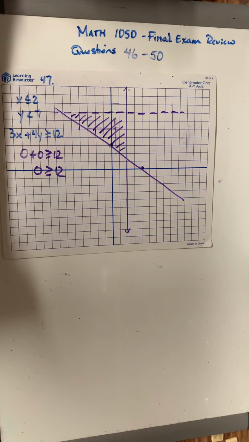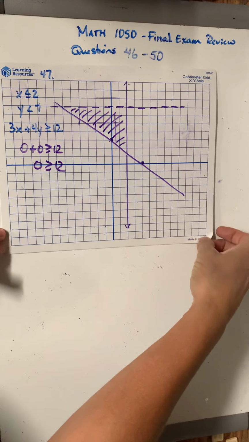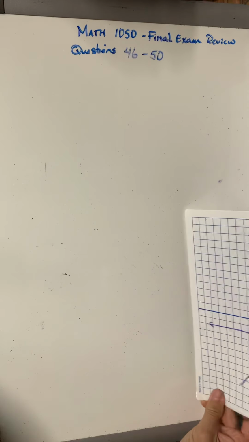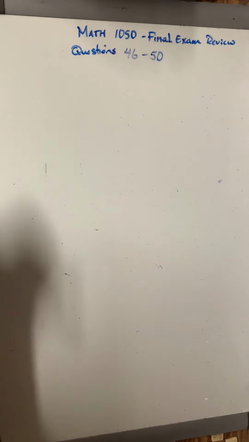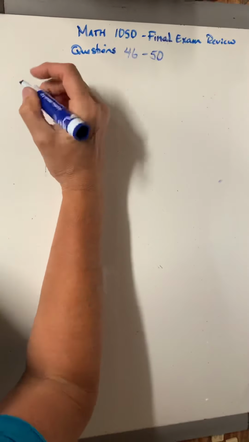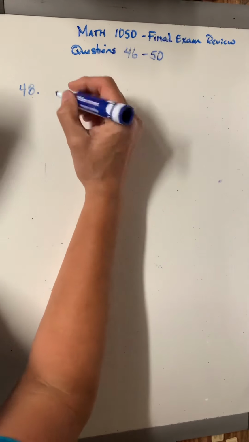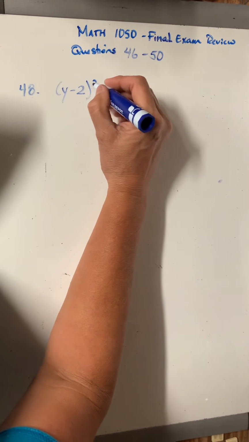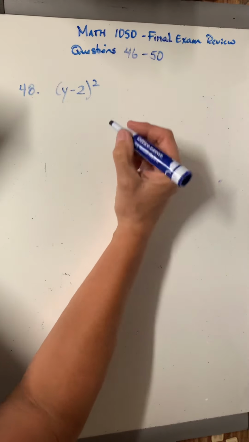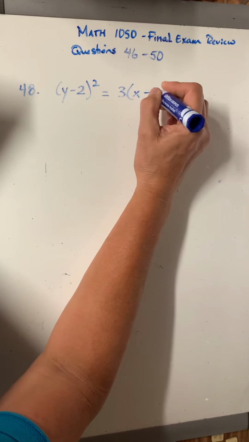So let's move on to question 48. It's the one that I had erased. So question 48 gave me parentheses y minus 2 squared equals 3 times x minus 1.